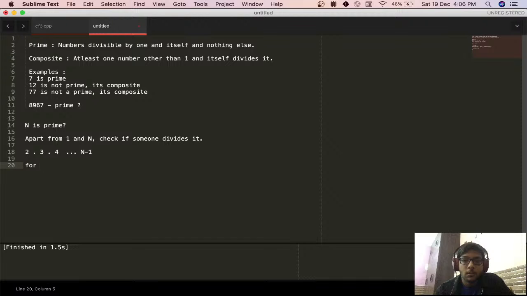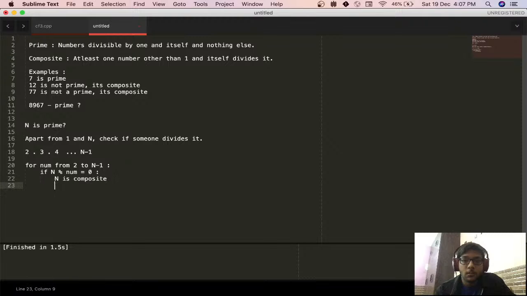We can simply iterate num from 2 to n minus 1, and check whether n is divisible by num. When n is divisible by num, the remainder we would get is 0, right? So if n after dividing by num gives remainder 0, it means it is divisible by num. So it means that n is composite.